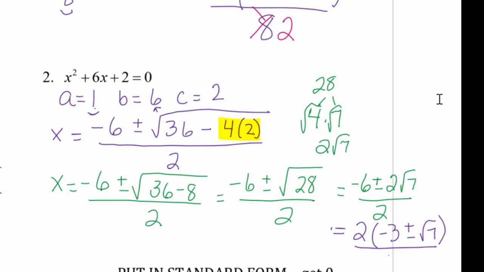Now we can reduce this 2 with that 2. So our two answers are negative 3 plus square root of 7 and negative 3 minus square root of 7. Again, these are irrational roots because of the square root of 7. And now you can go to your calculator and check those answers to see if they work.